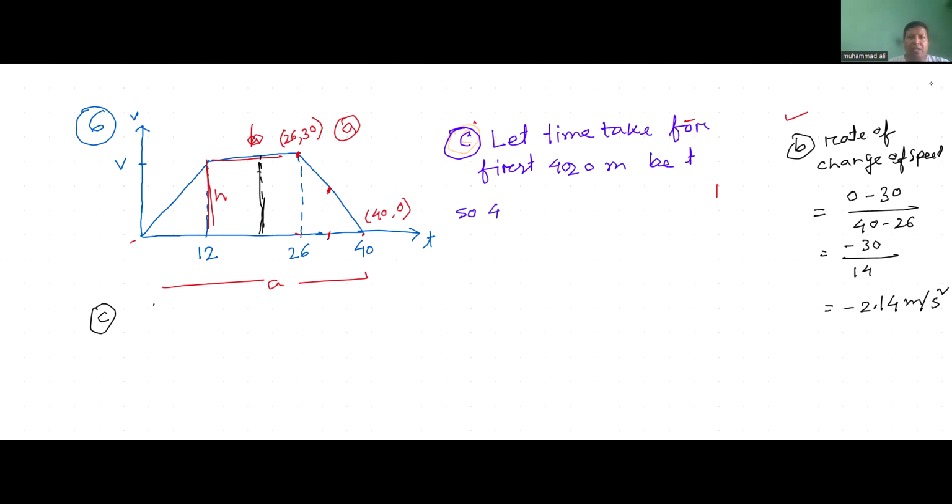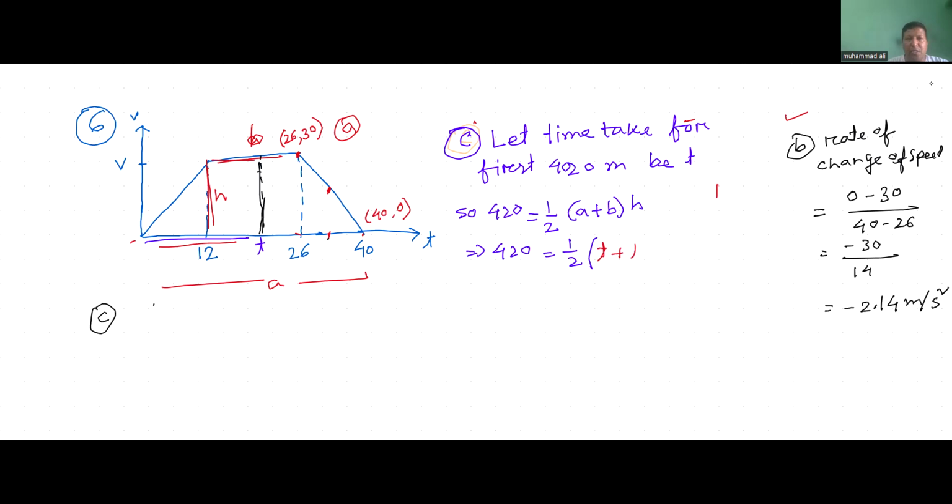If you consider this is T, here also we use the trapezium rule, half (a plus b) into h. So 420 equals half. From here to here, this is T. So T plus, this part is T minus 12.